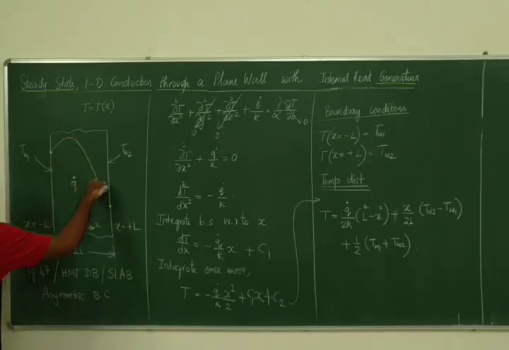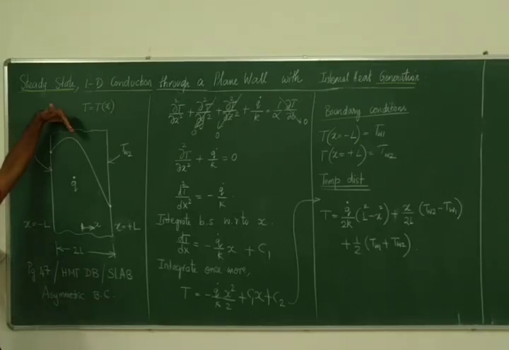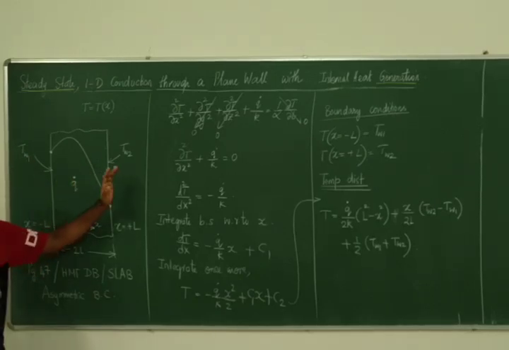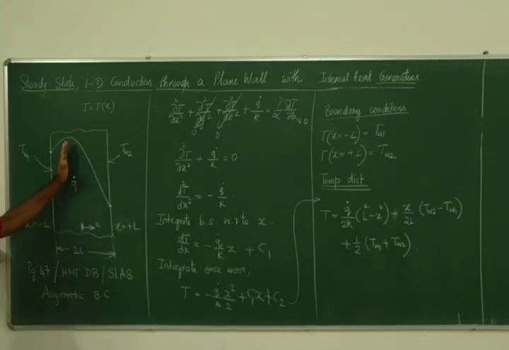It's a parabola. The temperature will rise, reach a maximum, and then it will fall. Because it's a parabola, it's not going to reach a minimum because heat is being generated. We are also retaining this at high temperature and that at low temperature. So the temperature will rise and then it will fall.